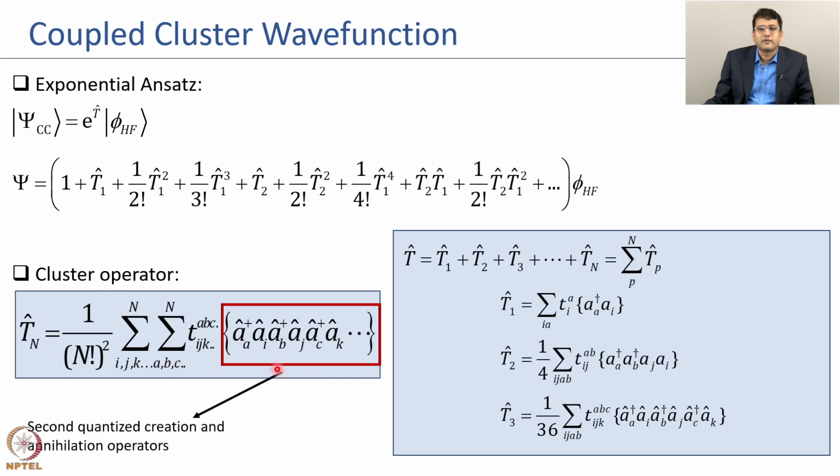Now, if I look more closely at the structure of the T operator, I have shown that there are two parts. So, this actually acts on the Hartree-Fock determinant and generates all the possible excited determinants. That is what we discussed, that is what the correlation means. I excite electrons from the Hartree-Fock. So, what happens is that my electrons now get more space to move around, if I think of the determinant as a space for electrons.